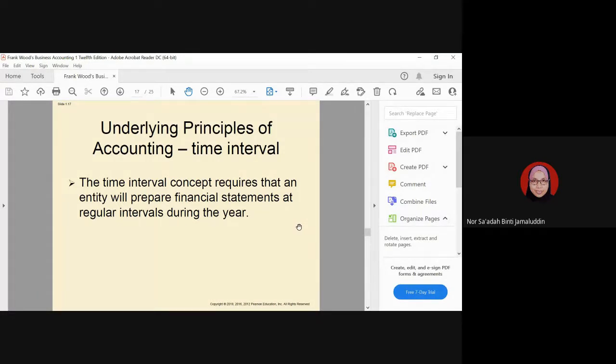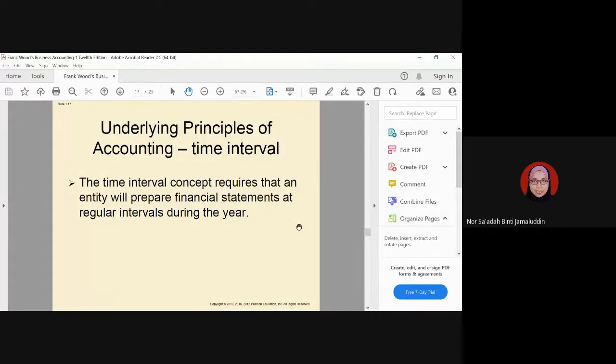So every 3 months, the company must disclose their position or their performance, okay, of the company. Let's say a company is in profit or in loss, the company must disclose to third parties, to all persons, semua orang boleh explore on the financial statement.